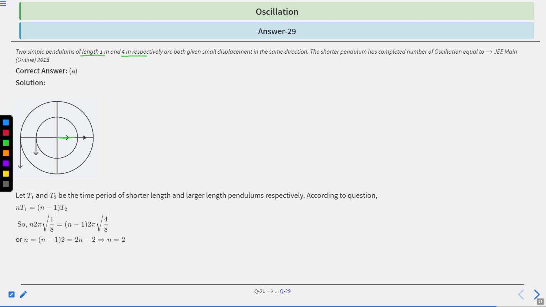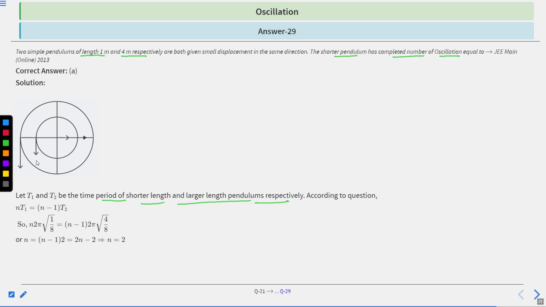In the same direction, the shorter pendulum has completed number of oscillations equal to what? Suppose T1 and T2 are the time periods of the shorter and larger length pendulums respectively. So T1 is shorter and T2 is larger.